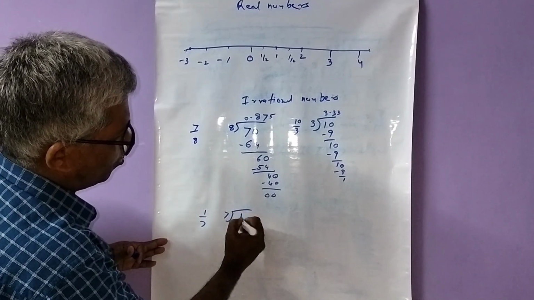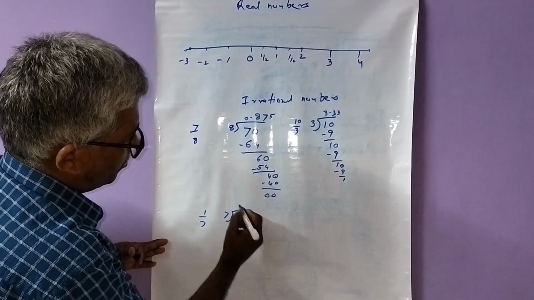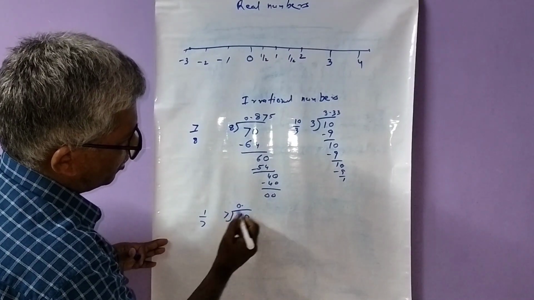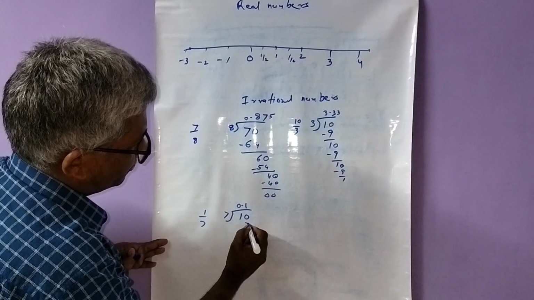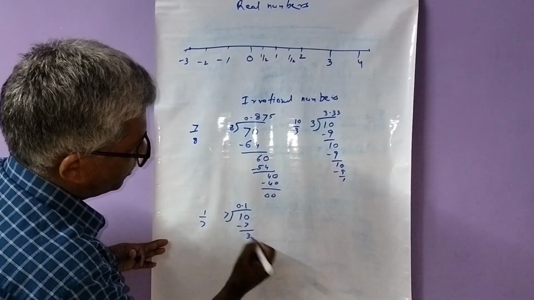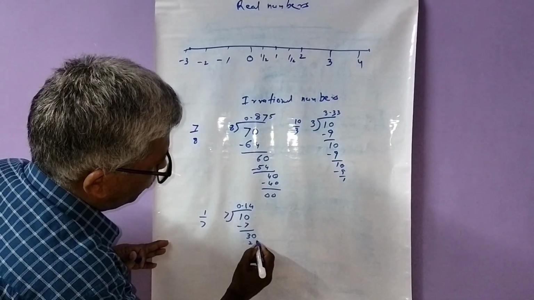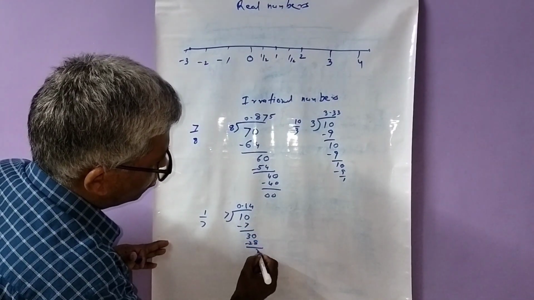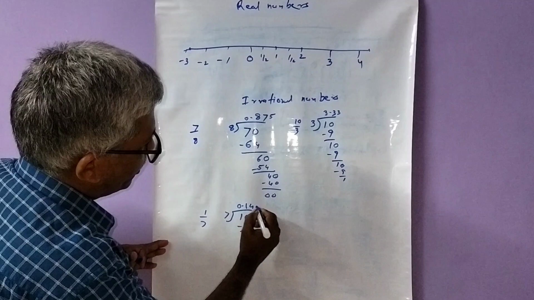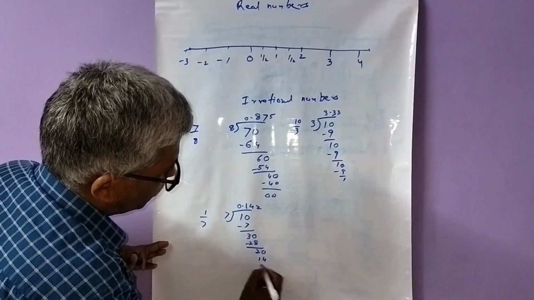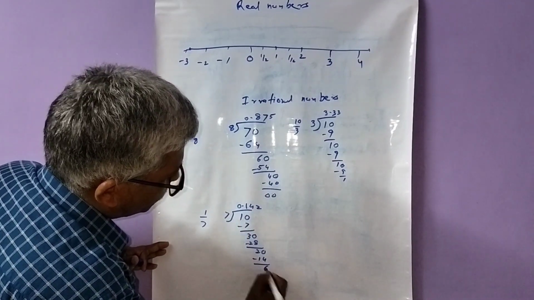Yet another example we can see is 1 upon 7, where 7 comes here, 1. So 7 1s are 7, will give you 3, 0 here. 7 4s are 28, will give you 2 here. Now 7 2s are 14, gives you 6 here.